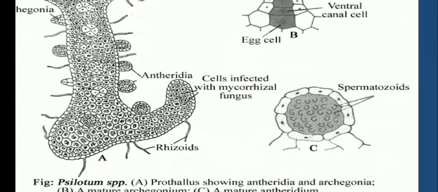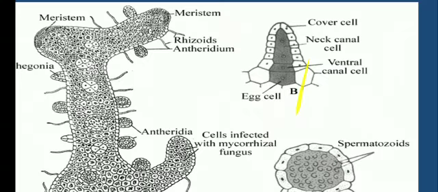Each antheridium is a projected spherical body covered by a single layer of jacket cells. Within the jacket layer lie numerous sperm mother cells, which metamorphose into numerous spiral multiflagellated sperms, that is, anthrozooids, also known as spermatozoids.